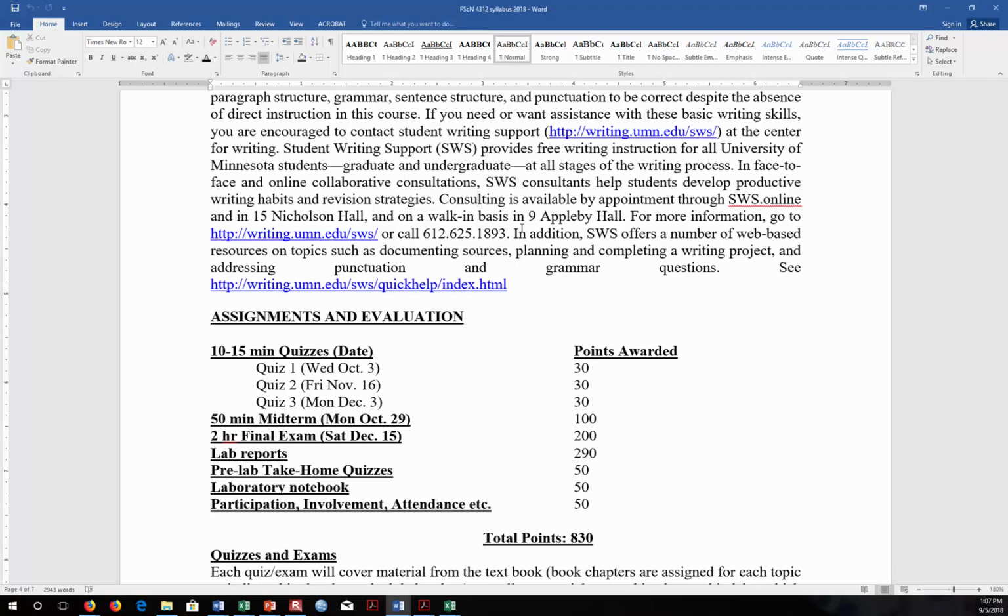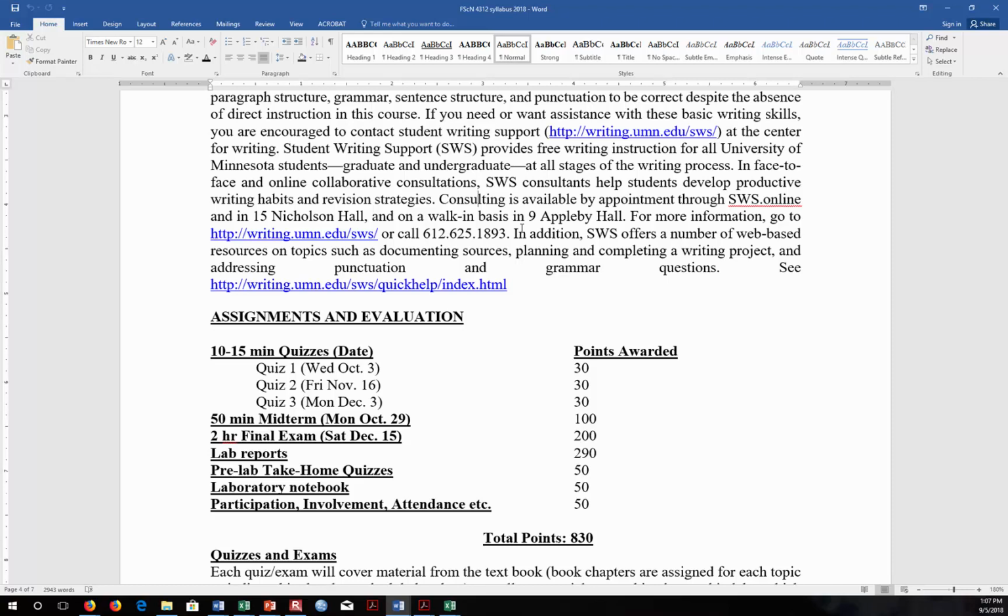Participation, involvement, and attendance. Obviously, you are college students. Coming to class is your own choice, but we'd like to have you here. And I like to have interactions rather than just lecturing. I like to interact with you. This will be counted. If you talk, it will be counted.